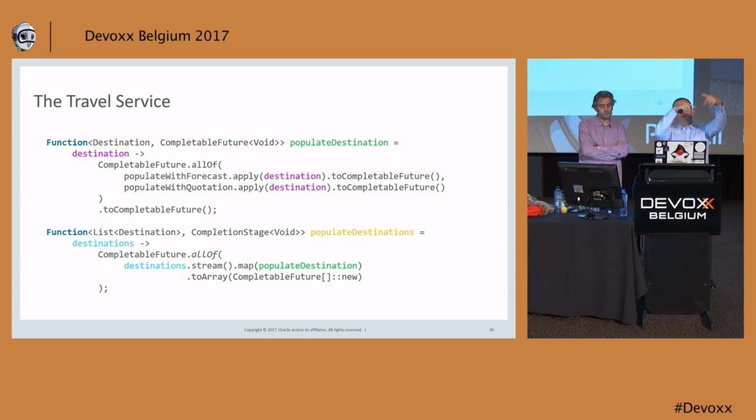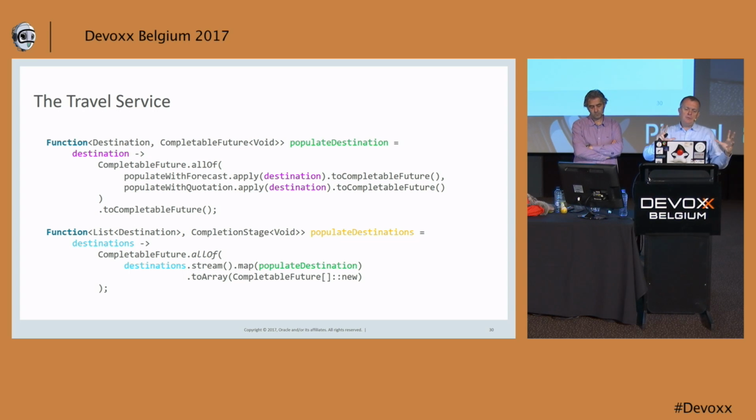We could have done that with a for loop, all right, but this is Java 8, so we have a stream API to do that. So we are going to stream this list of destinations, and map that stream with this populate destination that is going to populate a single destination with all the properties requested from other services.